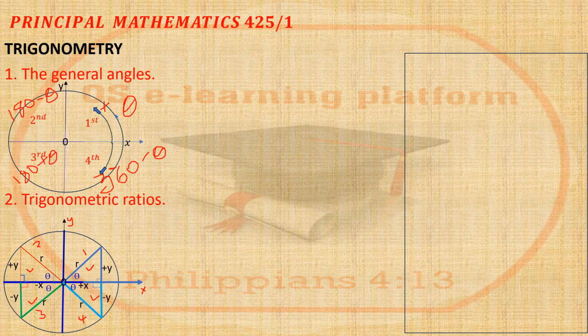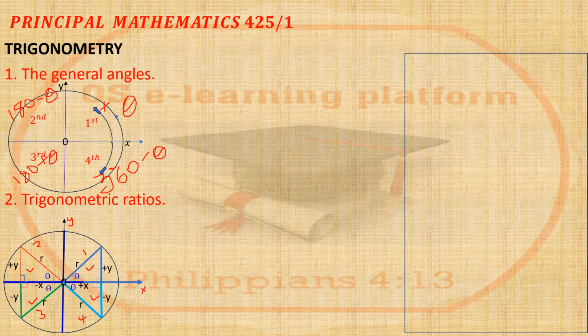In the second quadrant, the base is negative and the height is positive. In the third quadrant, the base is negative, and the height is also negative.